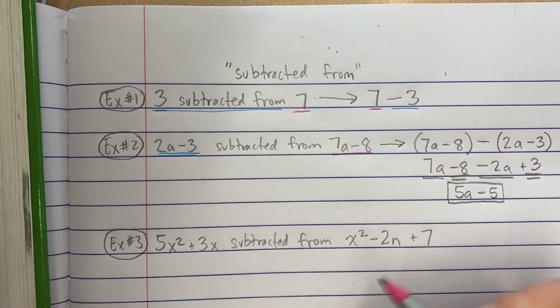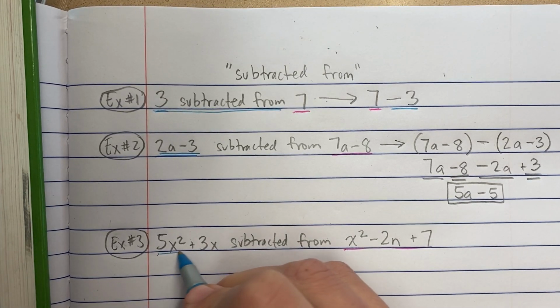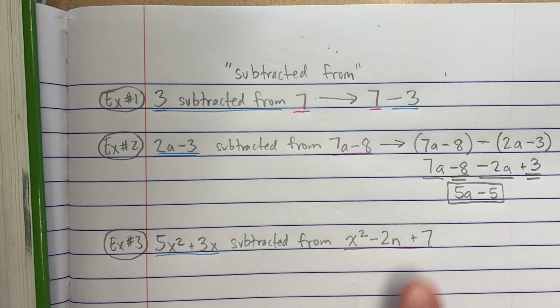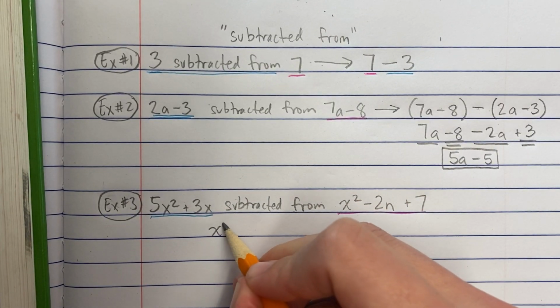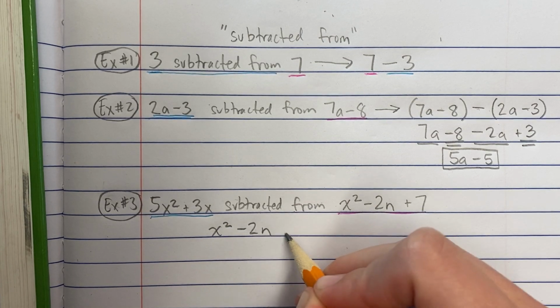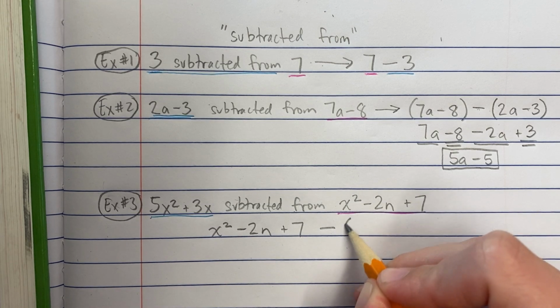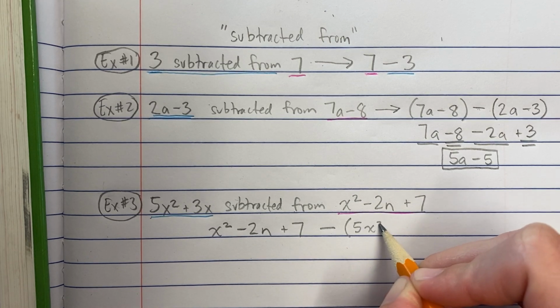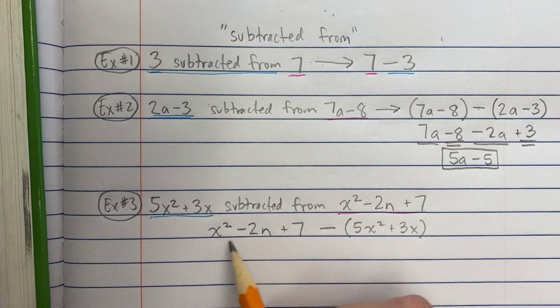Once again, we're starting with this, and then we're taking this away. I don't really have space right here, so I'm going to put it down below. This is going to be x squared minus 2n plus 7 minus 5x squared plus 3x.